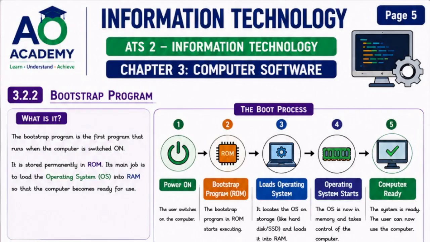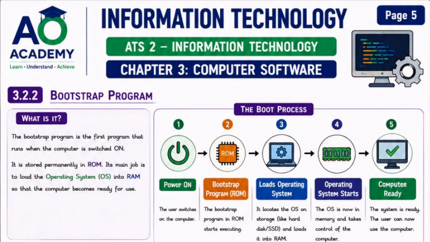Now let's move on to page 5, which is the bootstrap program. This one is not mentioned in the five major types of system software, but it is still part of system software. Bootstrap program, what does it mean? I told you that in our main memory we have RAM and ROM, in chapter 2, part 3.